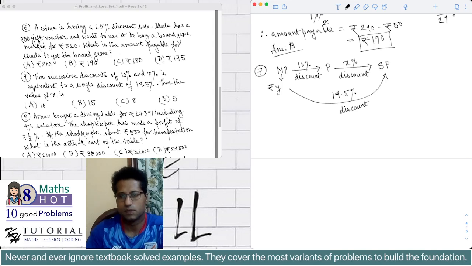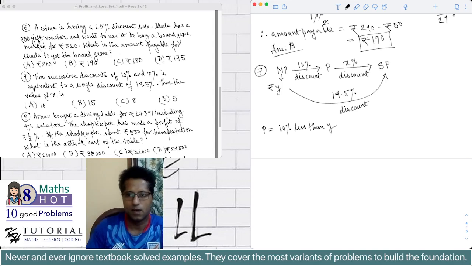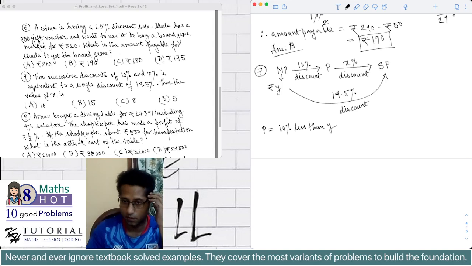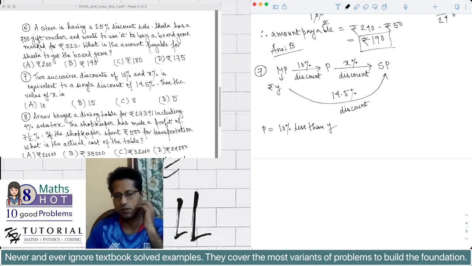So P will be 10% less than y. I'm ignoring the rupees symbol, the unit of currency, just for ease of calculation. I hope you will understand that.